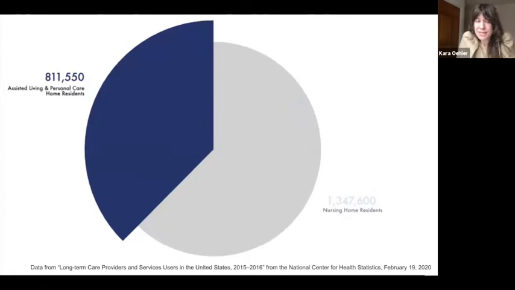The CMS data set does not cover these 800,000 residents that live in these other facilities that are largely regulated by the state. Nursing homes, and there's a word used interchangeably for nursing homes, which is skilled nursing facilities, are regulated by CMS, and so those are the facilities that are represented in this data set.